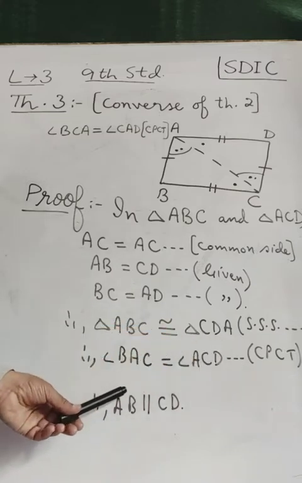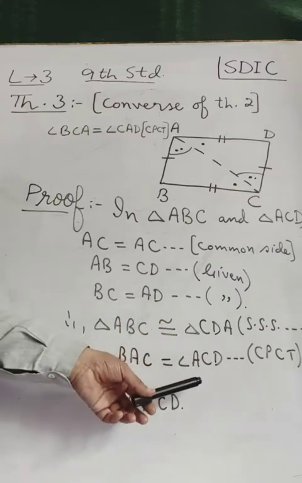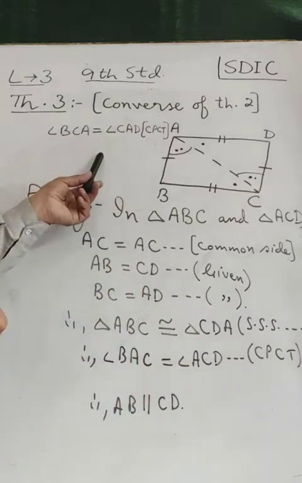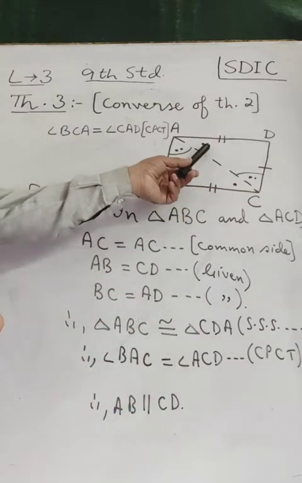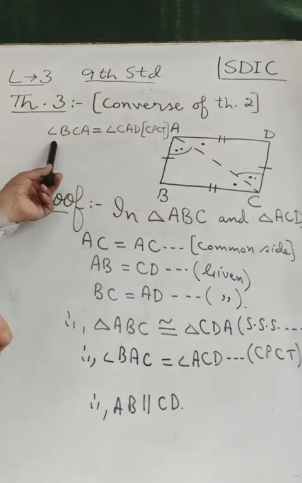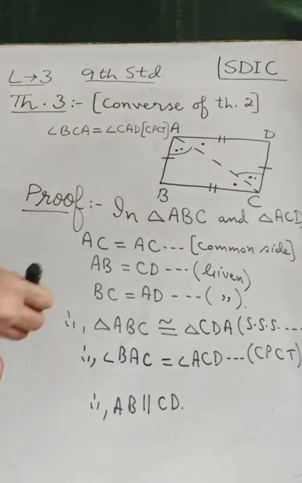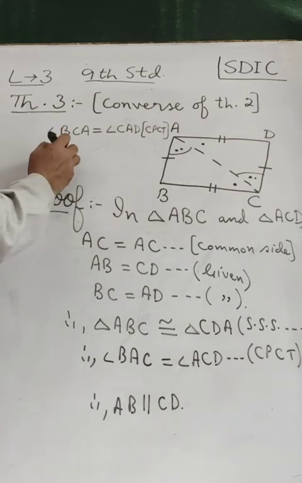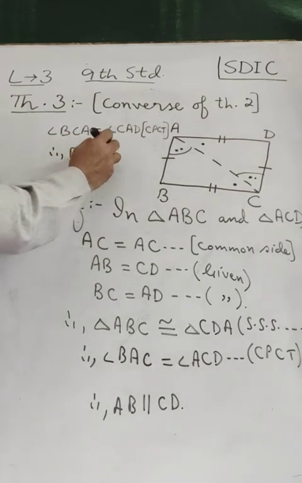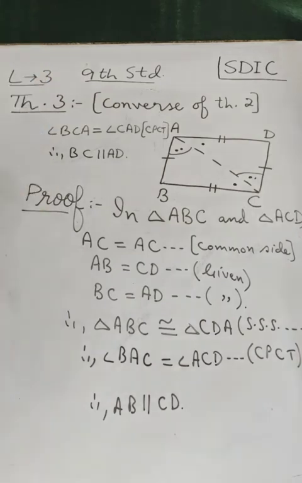And then what did you write? This is a pair of alternate interior angles. Likewise this single dot angles, again these are alternate interior angles. So write for this also, this is a pair of alternate interior angles. Therefore, BC is parallel to AD. Second pair of opposite sides also we thus got parallel.